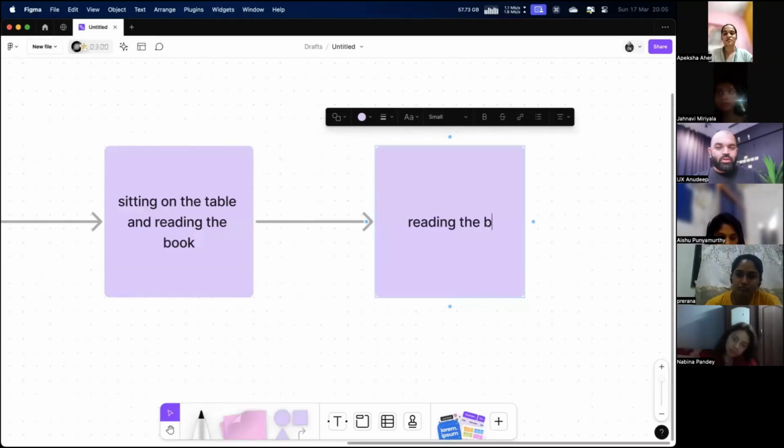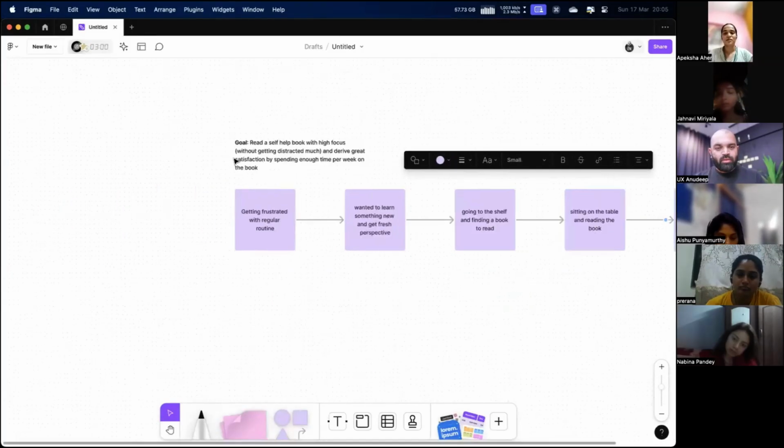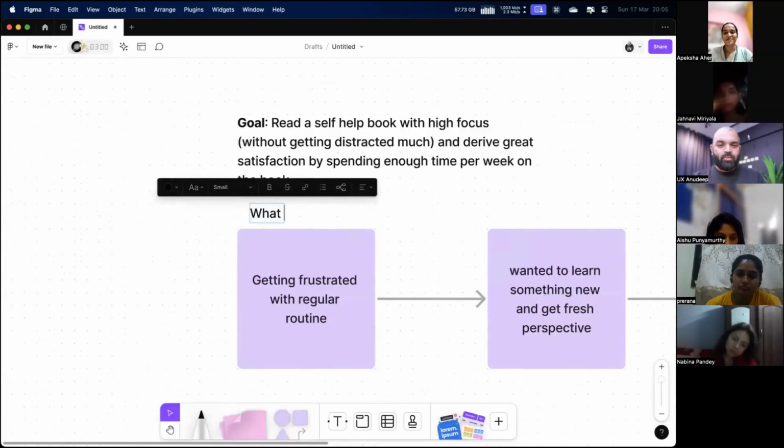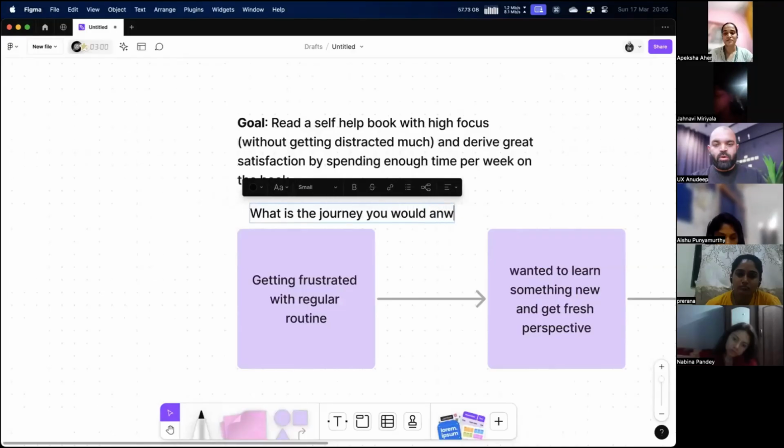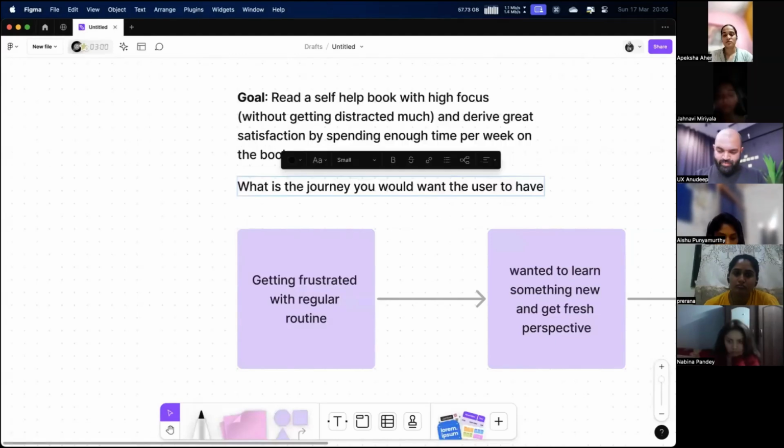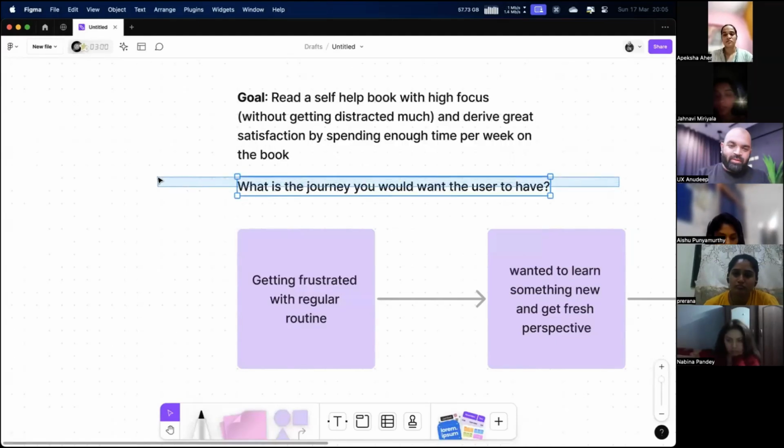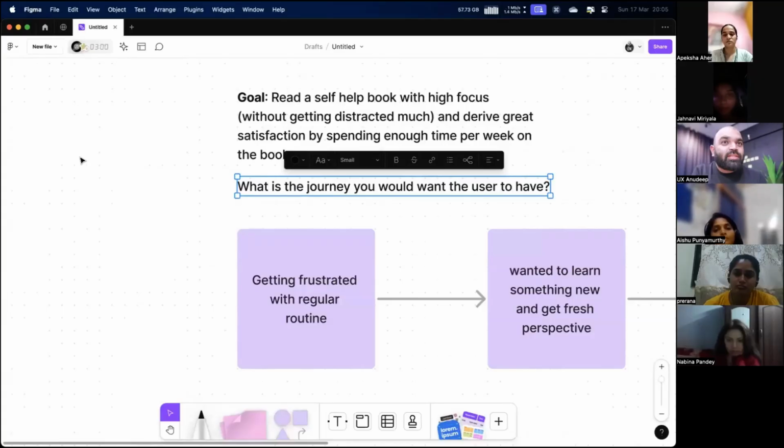You want the user to be sleepy? No. Let me ask the question properly. What is the journey you would want the user to have? Many people make this mistake. Your user journey is a journey of the problems, right?